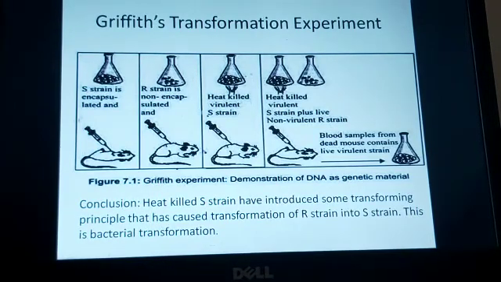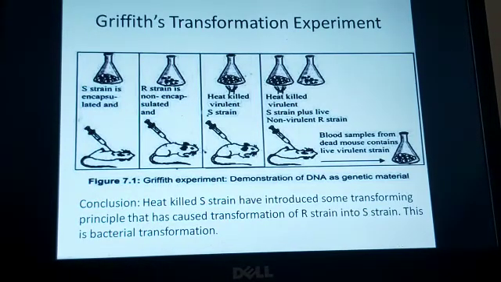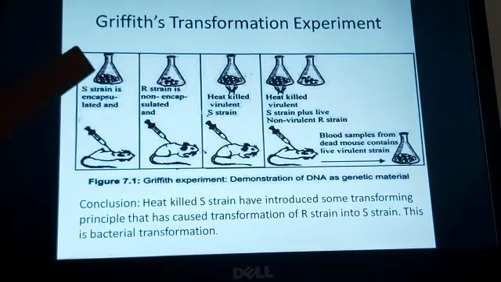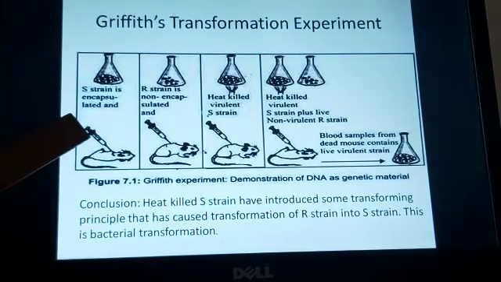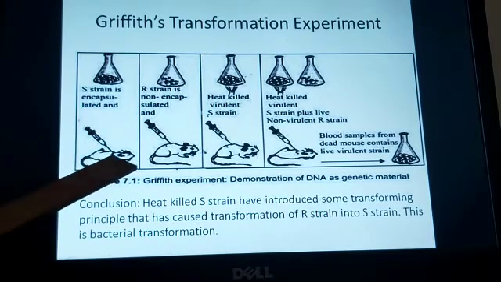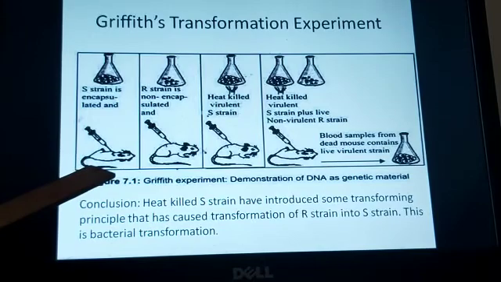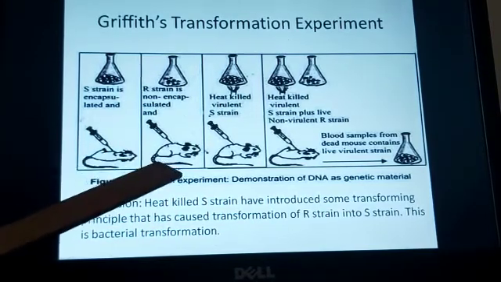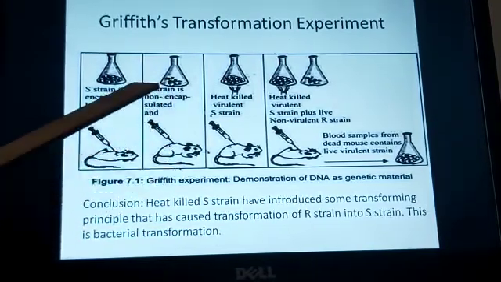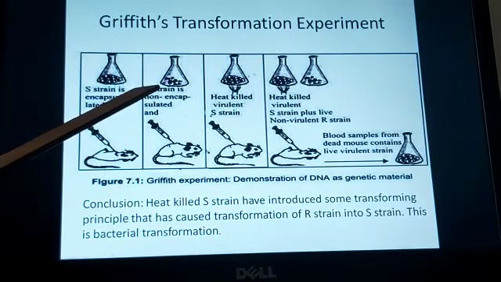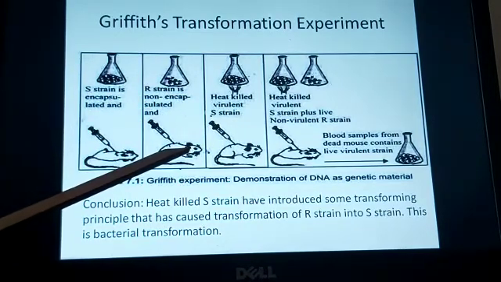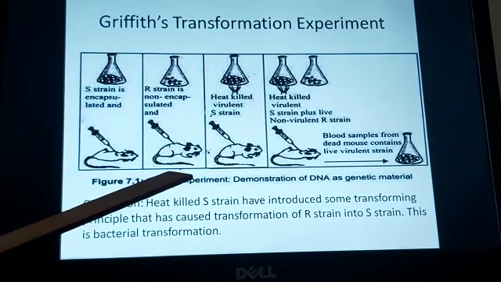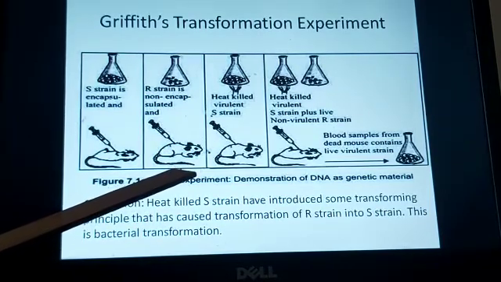Now here, what Griffith did was he took the S strain and inoculated it in the mice, and this mice, after a few days, died of the disease pneumonia. Secondly, he took the R strain of the same bacterium and inoculated it in the mice, and this mice survived. Nothing happened to this. So this is an avirulent strain.